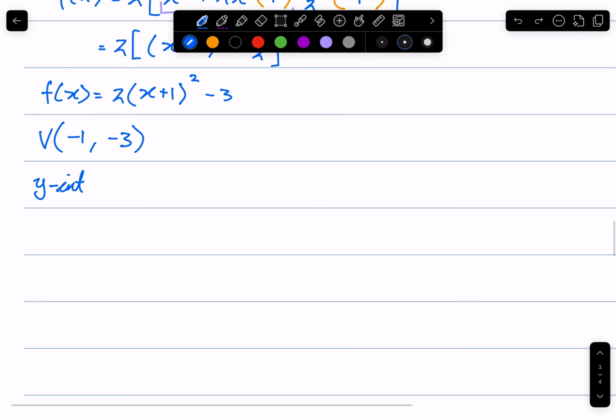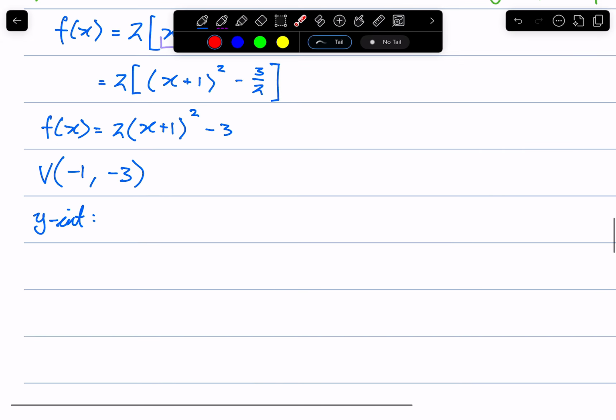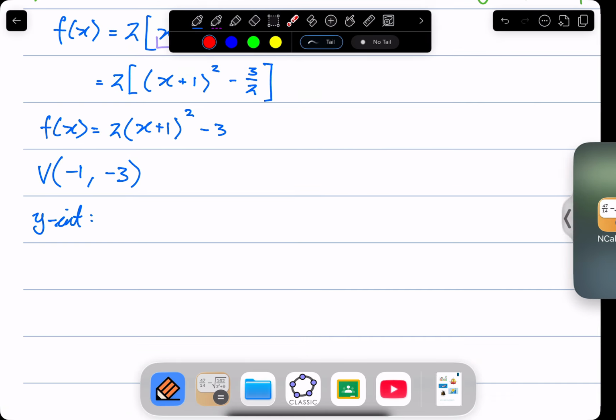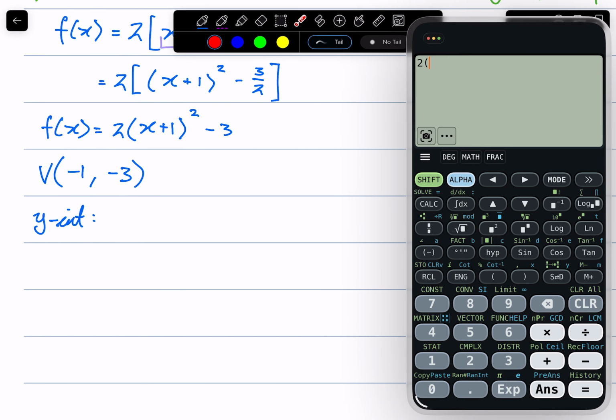But remember, we can find our y-intercept from this expression if we just substitute 0 here. So just demonstrating this. 2 times 0 plus 1 squared minus 3. Our y-intercept here is going to be 0, negative 1.